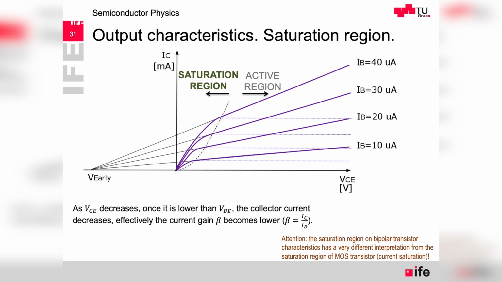And we are going to be talking also about the MOSFET transistor. And for the MOSFET transistor, we also have something called the saturation region, but it's a totally different meaning of saturation. So here I would like already to draw attention: the saturation region on a bipolar transistor characteristic is a different interpretation from the saturation region of the MOS transistor, where we're talking about current saturation.